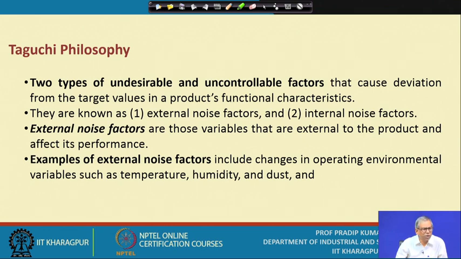What are the examples of external noise factors? Changes in operating environmental variables such as temperature, humidity and dust. That means they exist external to your system, to your boundary line, but definitely they may affect the performance of the product. Okay, so these are external noise factors.